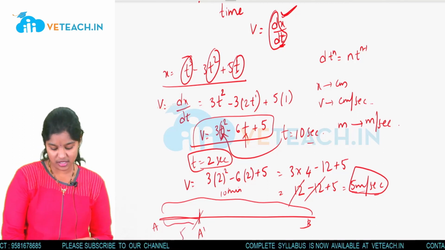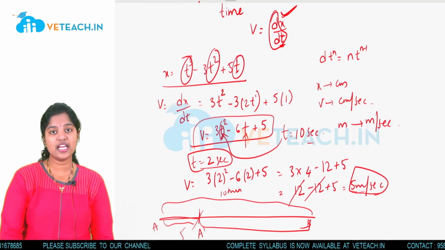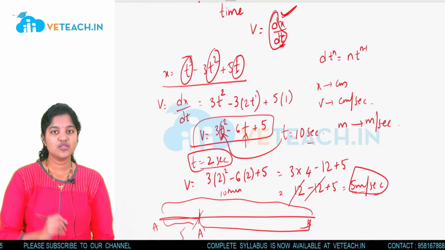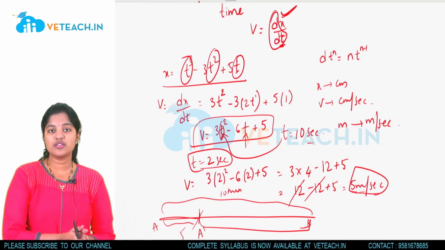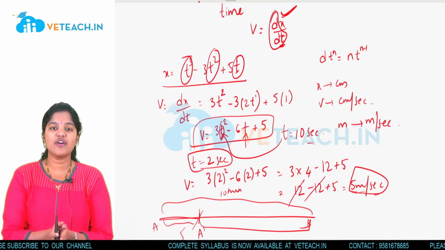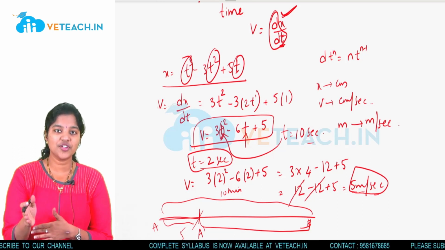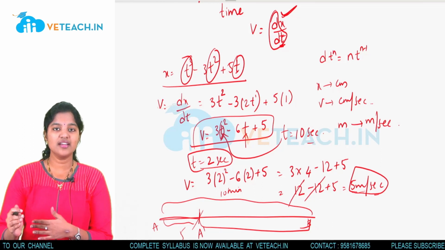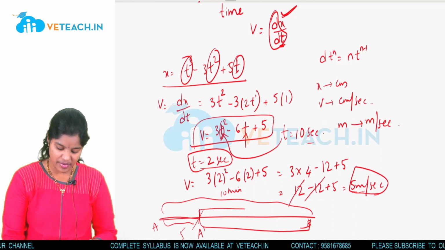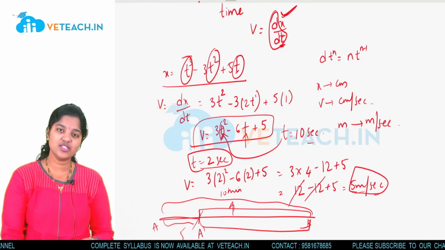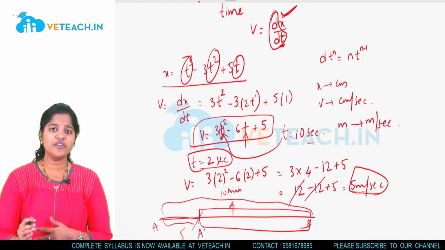So it is impossible to cover the A dash B distance within 5 minutes. He thought, I should not walk slowly; I should go very fast in order to reach my destination in time. So he is hurrying up, he is speeding. From A dash to B, he increased his velocity and walked very fast.